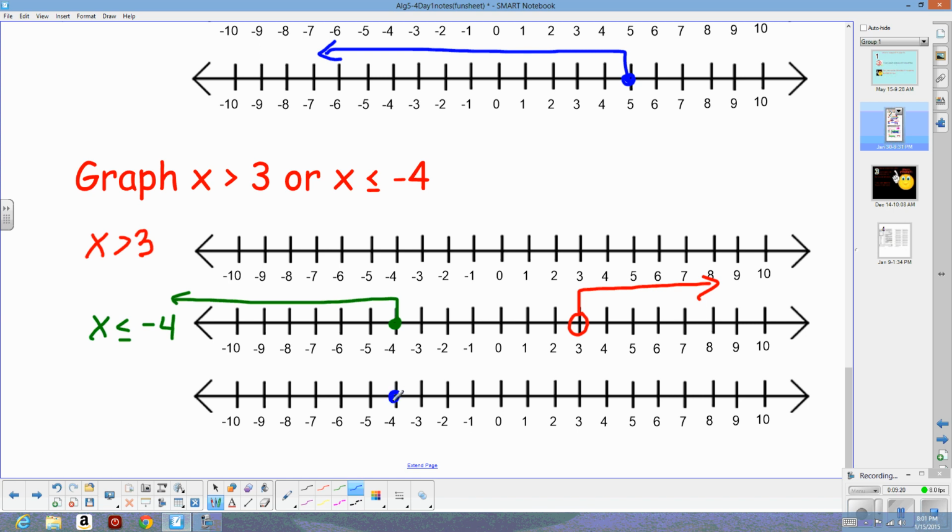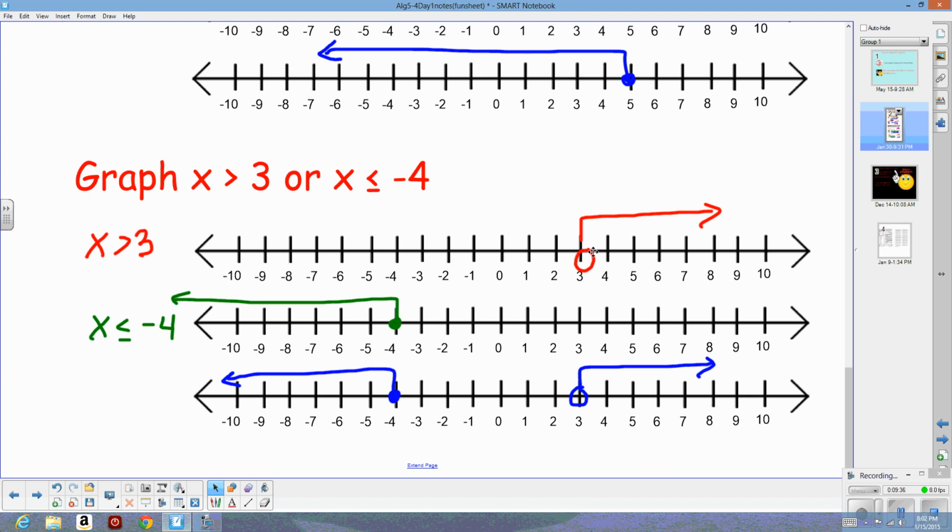I would have a filled in circle on the -4 with it going to the left, and I would have an open circle on the 3 and it goes to the right. So the union of the two graphs, or when I put the two graphs together, it looks like this.